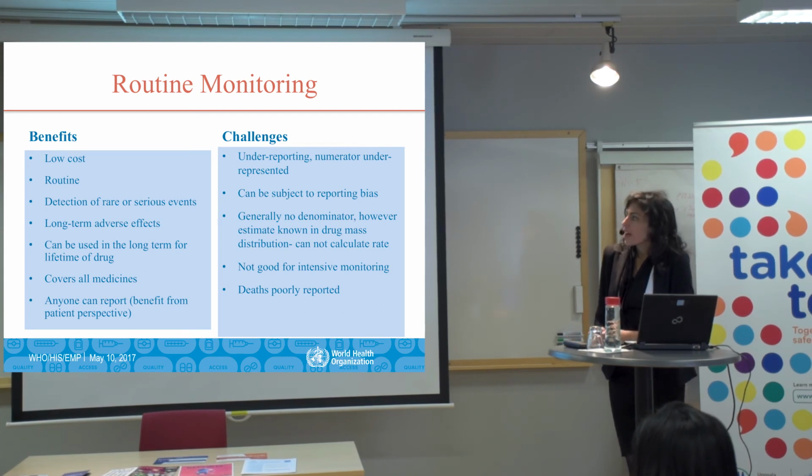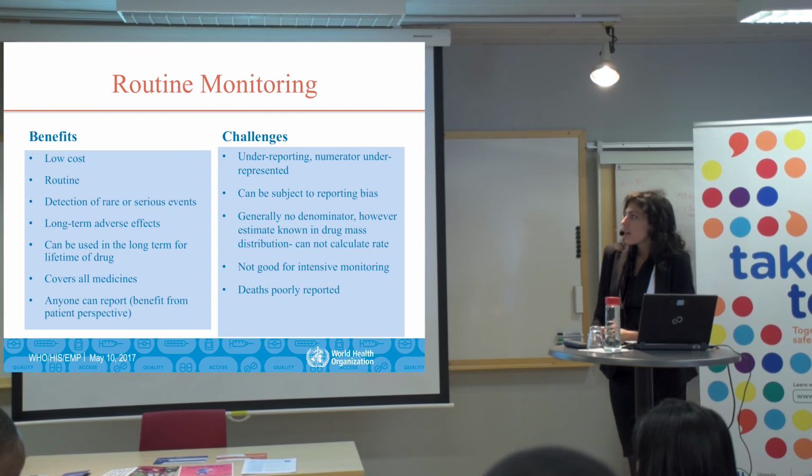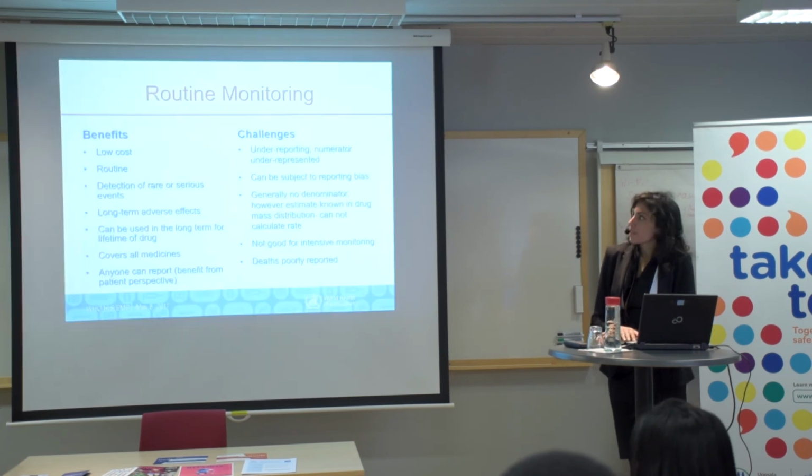However, when a public health program has mass distribution, they have a record of how much of the medicine has been given out, but you can't calculate a rate. It's not good for intensive monitoring, and deaths are very poorly reported.